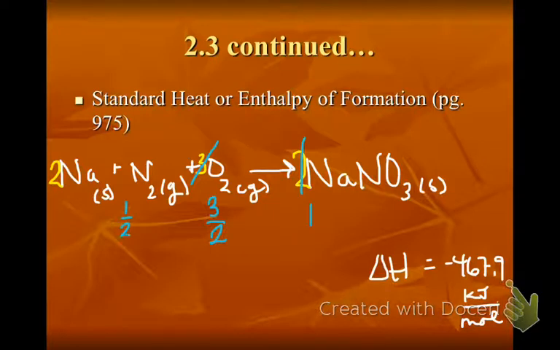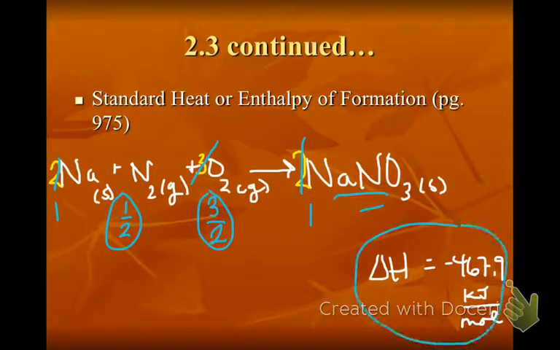And so here is a case where having fractional coefficients is actually acceptable and necessary if you're going to get just 1 mole of your compound sometimes. And then depending on how much sodium nitrate you are making, you can multiply that by the number of moles you're actually talking about. So if I have a random 50 grams of sodium nitrate that I want to make, I could predict based on this how much energy would be released.